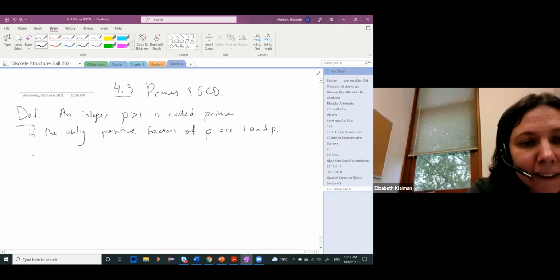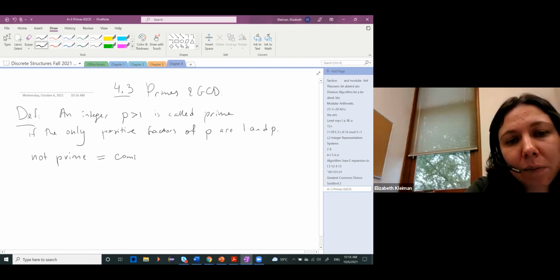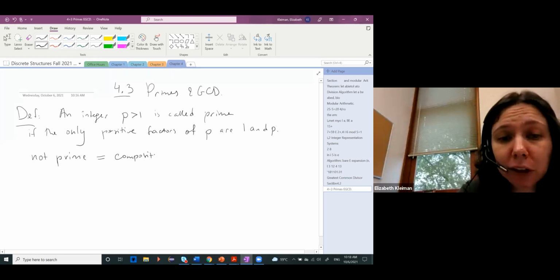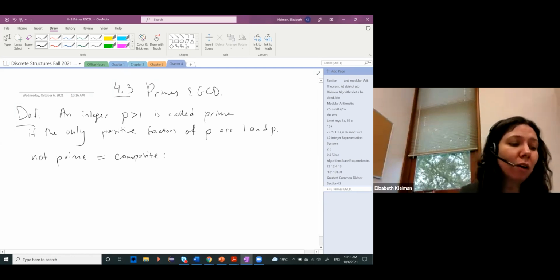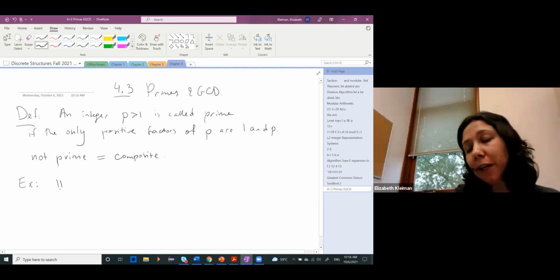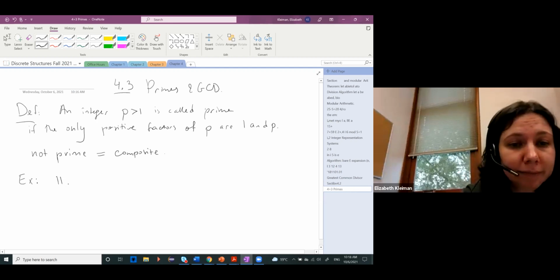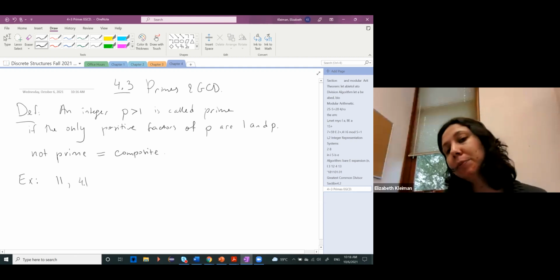If something is not prime, that means it's composite, composed of multiplication of two integers. Okay? So 11 is prime. 41 is prime.